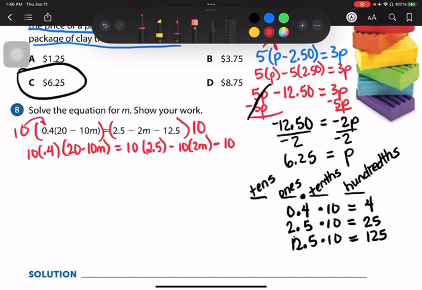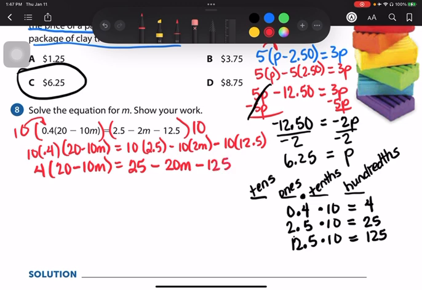Each term has to be multiplied by the 10. All right, so now this gives me 4 times 20 minus 10m equals 25 minus 20m minus 125.